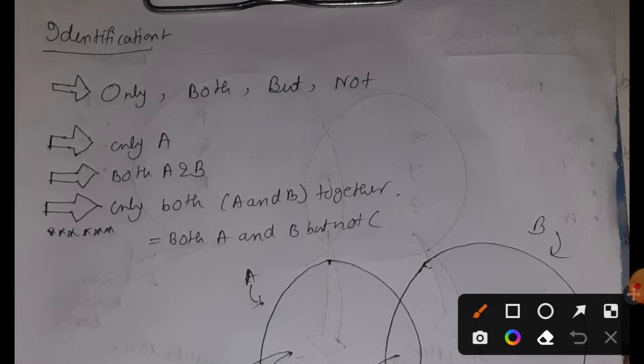Now it is important to understand when and how we can conclude that a Venn diagram is required. First of all, whenever your statement has only both but not type things, under such circumstances you have to draw a Venn diagram.